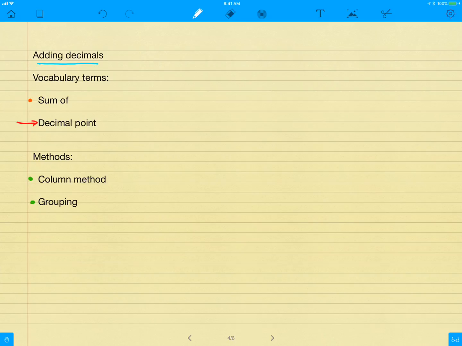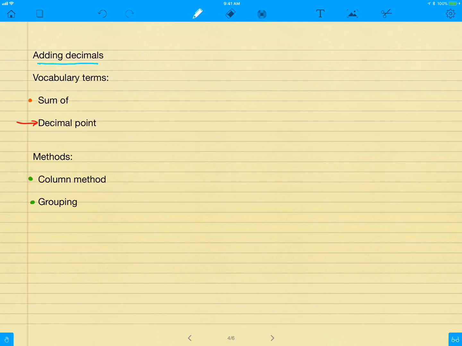Column is the go-to. It's the one that I use all the time. I'm going to show you here in a minute. I'm almost convinced that you probably will pick it as well. Grouping method is a method we use when you have a ton of different numbers you're trying to add together, and you're trying to reorganize it to make more sense in your head, like which ones you should add first. But the actual process of adding, I would recommend that you do column method.